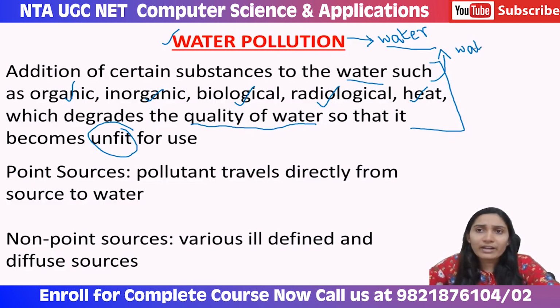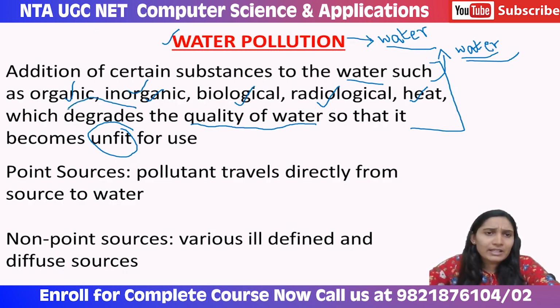It can be organic waste, inorganic waste, or biological, radiological waste, heat, etc. But these pollutants degrade the quality of water, that is, the quality of water will reduce so that it becomes unfit for consumption.